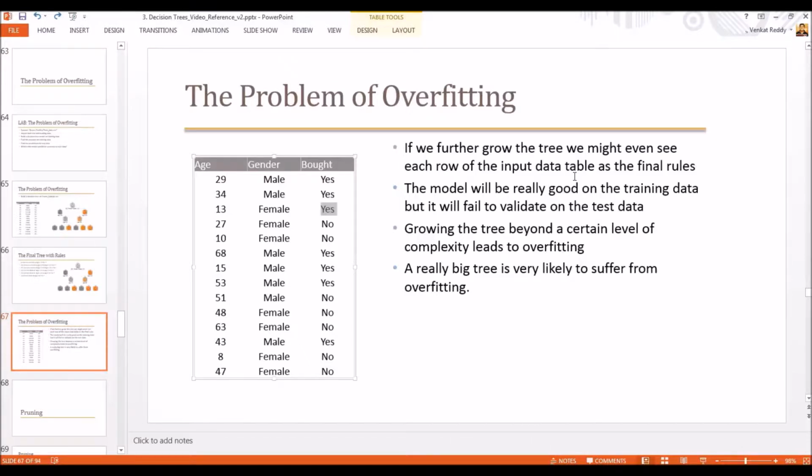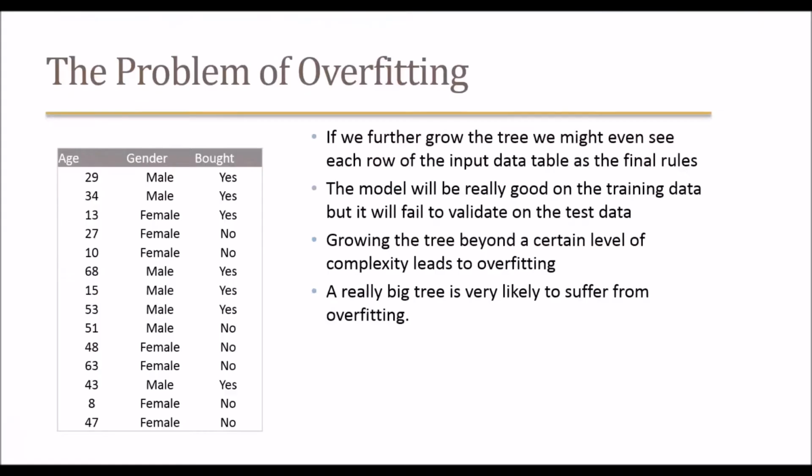Now that is a problem. That is called overfitting. When you overgrow the tree beyond a certain complexity level, there is an issue of overfitting. What is overfitting? The model is super good on your training data, the data used in building the model.